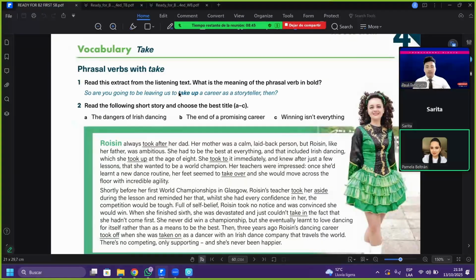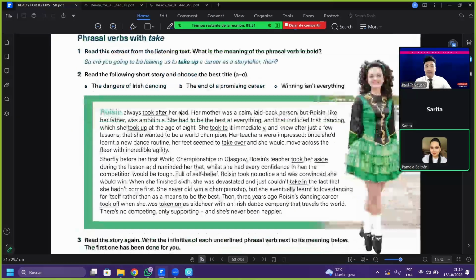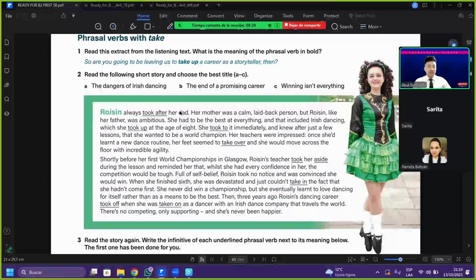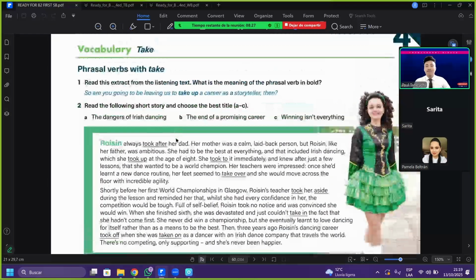I think it means to be able to do something. Something like that. But the meaning here is to start doing something. Start something from zero. Perfect.